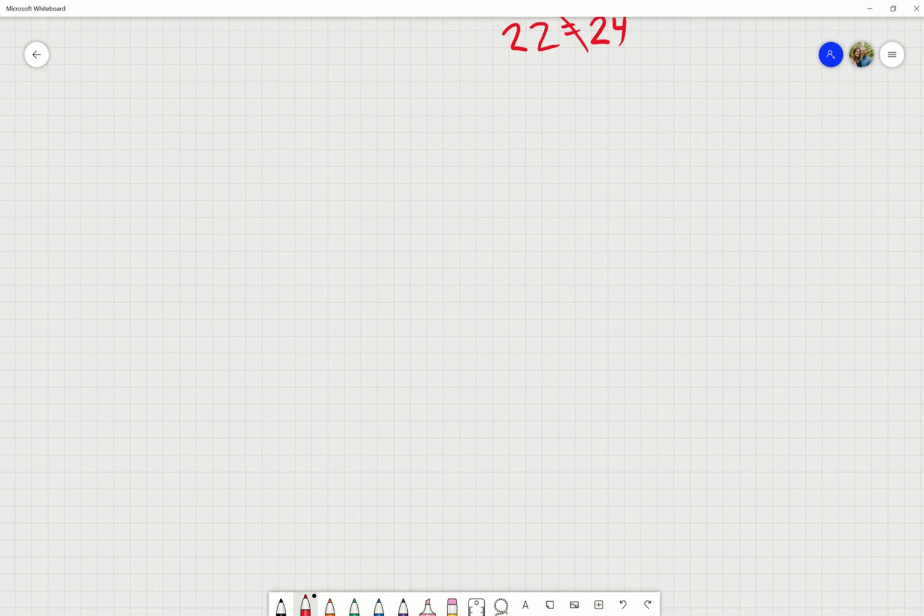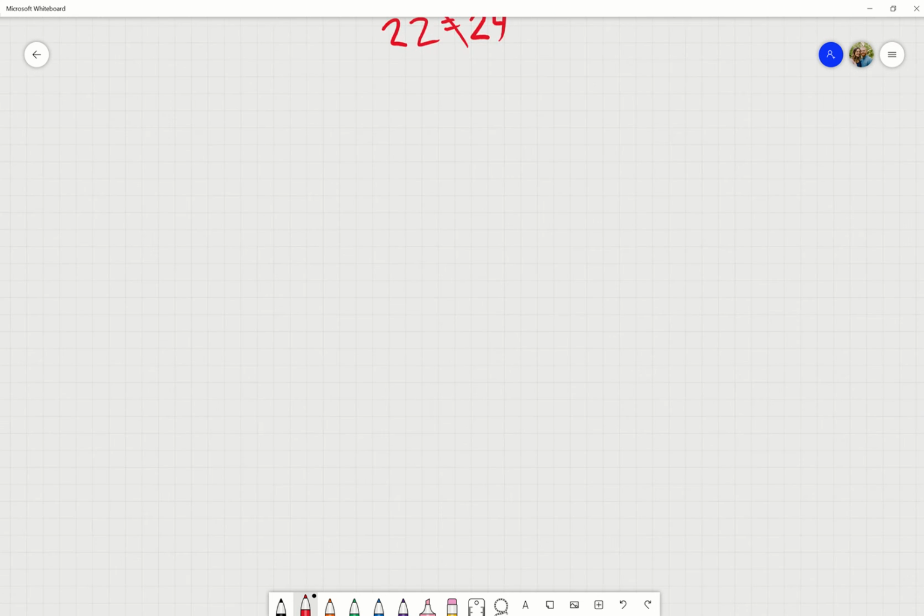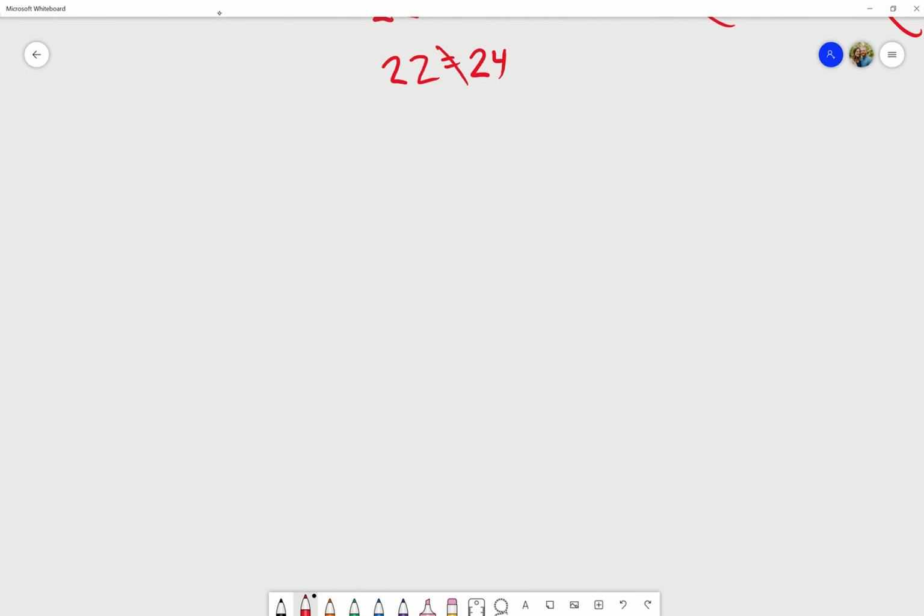So let's try some more. Let's say we have 18 equals s minus 7. And I tell you that s equals 11.